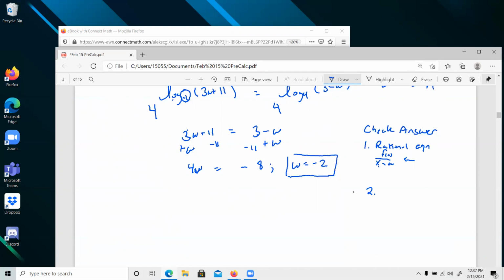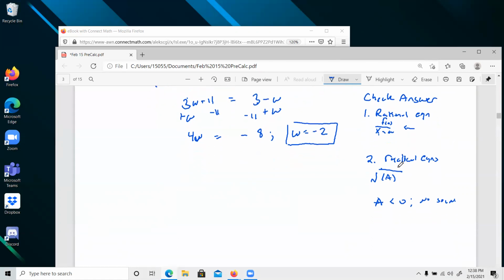The other one would be radical equations: square roots, fourth roots, sixth roots, things like that. If you ended up with a square root, and the argument on the inside was negative, then again, you'd have no solution because you can't take the square root of a negative number, at least in the realm that we work with.